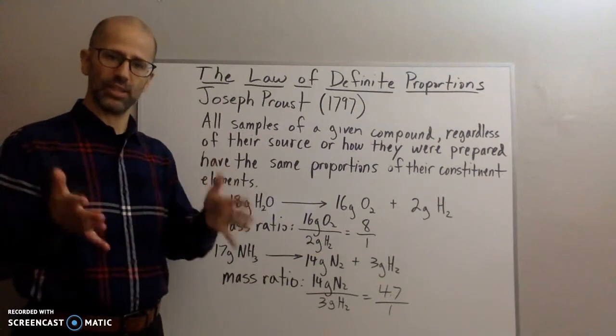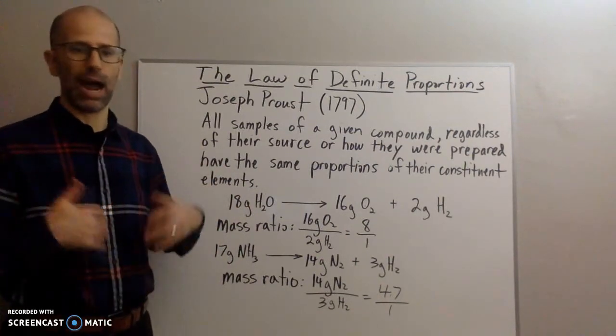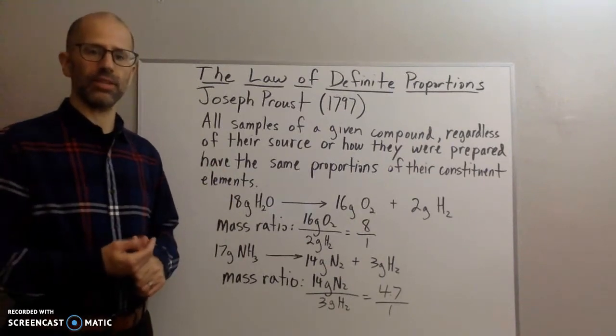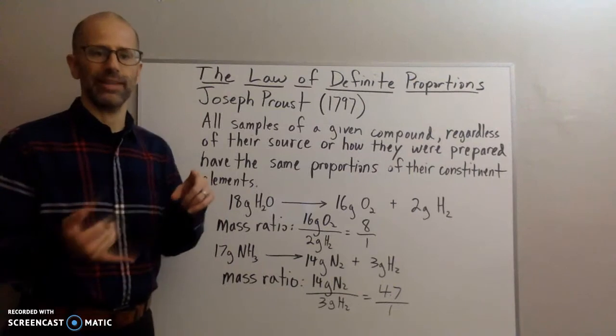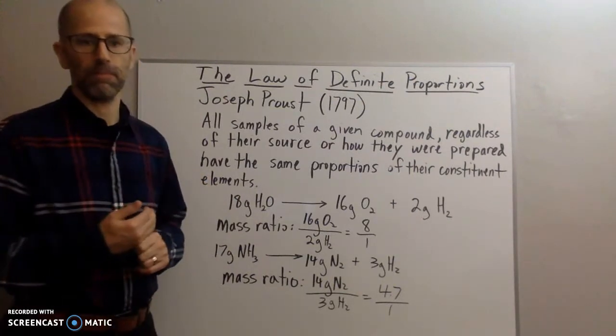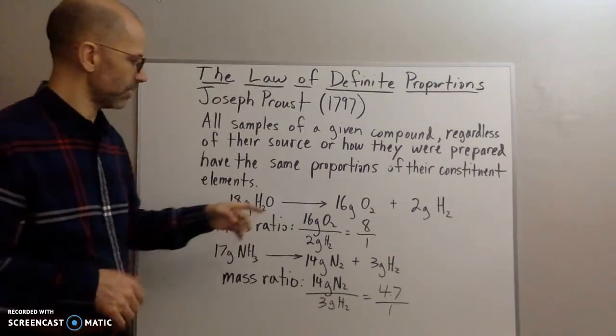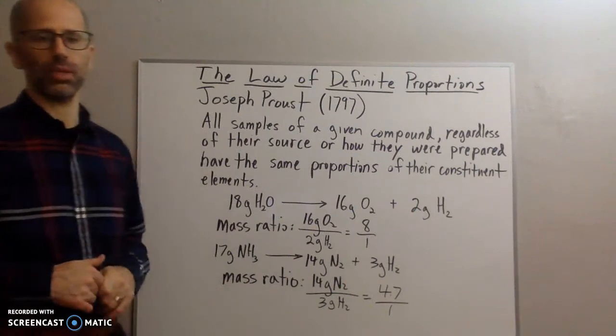As long as it's pure water, no matter where I got it, no matter how I made it, it doesn't matter if I find the water on Mars or on Pluto, wherever I find water, the ratio of the constituents is always going to be the same.